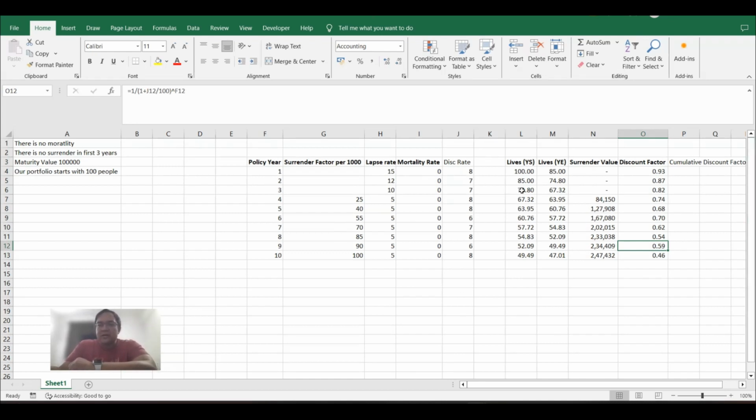But sorry, we have made a mistake here. We have to calculate the cumulative discount factor, because whenever we are using this formula, it means that we are dividing everything by the same factor. We are assuming a constant discount rate, which is not the case, right? So that's why we cannot use that. In fact, in the unwind video, last week's video, we have shown that this is the incorrect thing, right? You can't do that. And then we again made that mistake. So this is not how it is going to be.